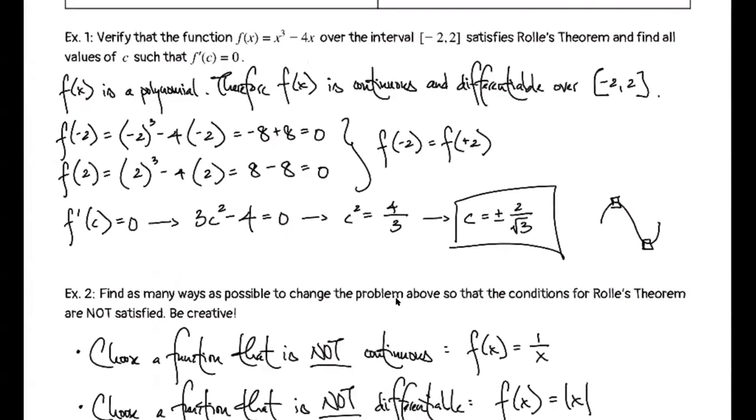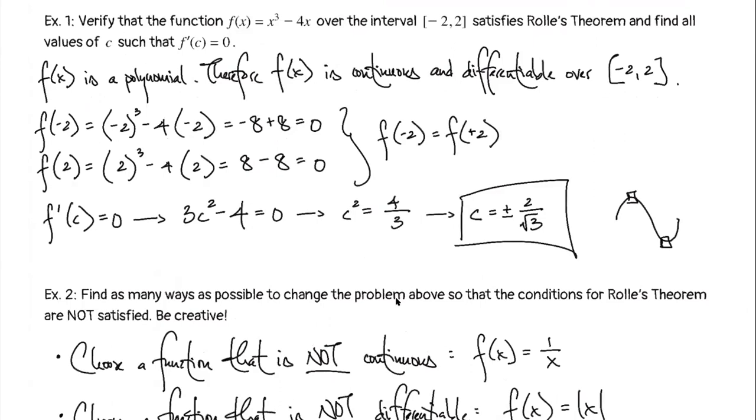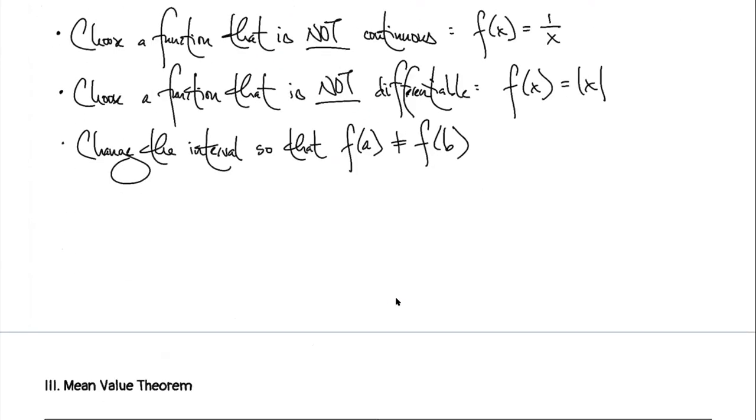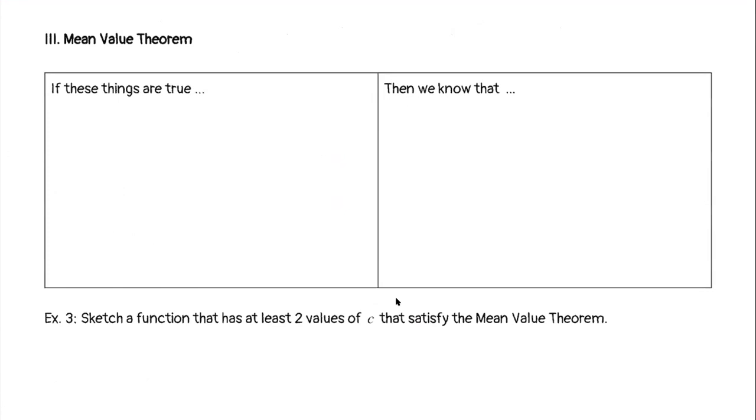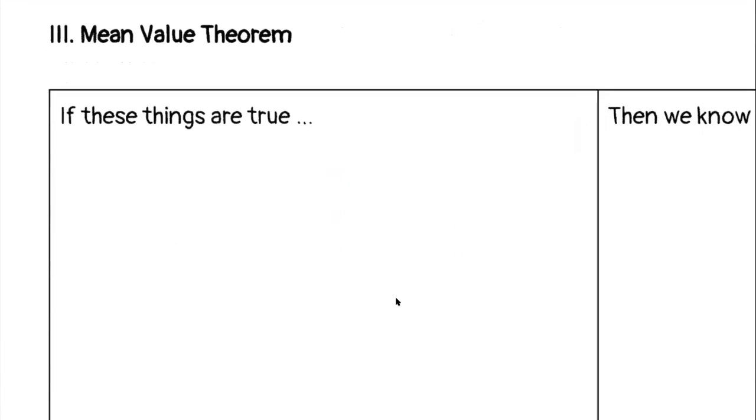All right. So let's finish today with the mean value theorem. The mean value theorem, we will approach it in a similar way. We're going to say, if these things are true, then we know that. And I think just from the left-hand side, we'll see that it is a more general case of Rolle's theorem. It turns out that we only need 2 things to be true here.